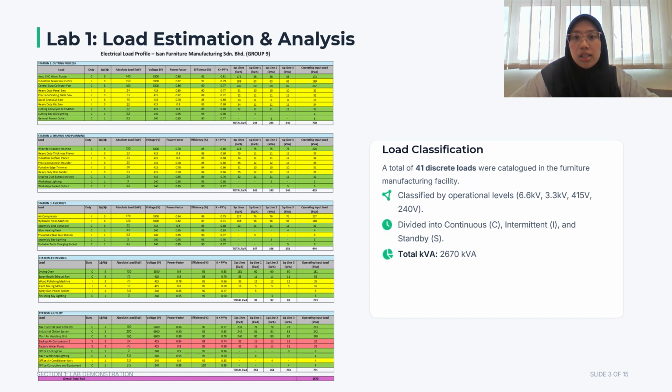The loads are distributed across 4 voltage levels: 6.6 kilovolt, 3.3 kilovolt, 415 volt, and 240 volt. This load data became the foundation for all subsequent calculations, including transformer sizing, cable sizing, and load flow analysis.